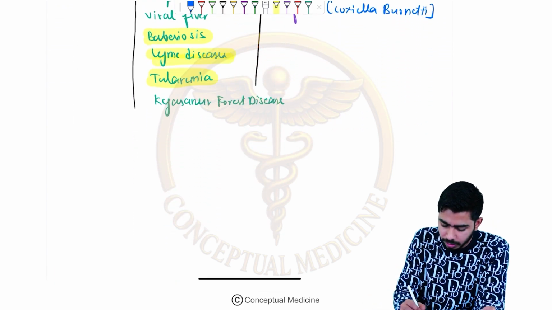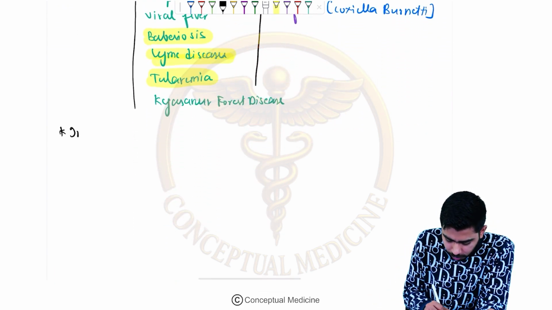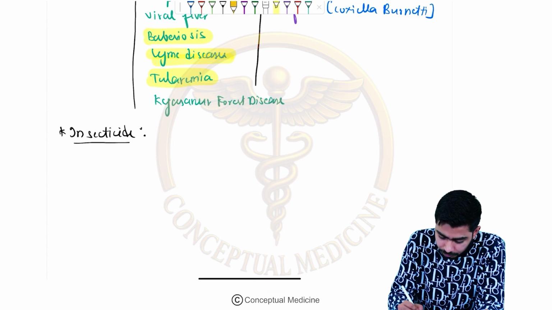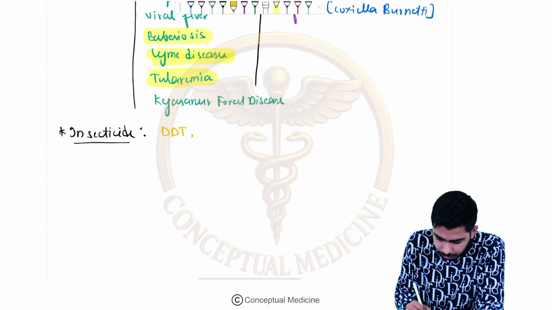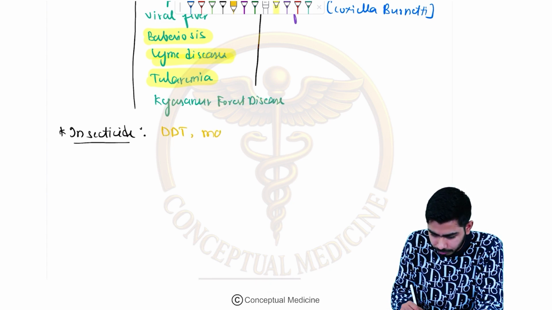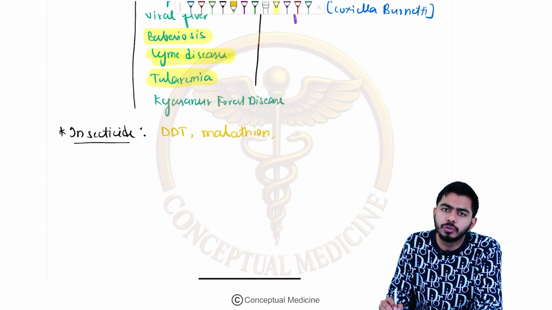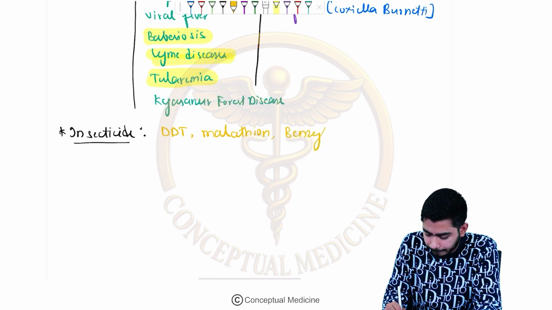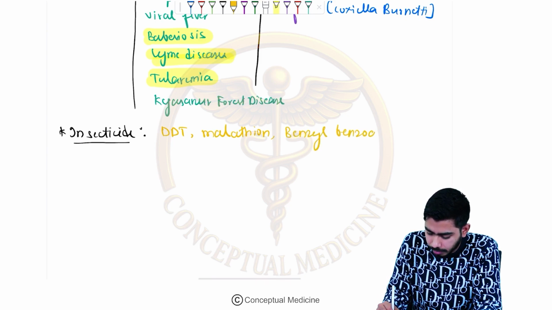For the prevention part, guys, I would like to tell you that what kind of insecticide you might be using over here, right? You might be using the DDT, or you might be using the malathion, right? Or you shall be using one more thing, that is the benzyl benzoate.